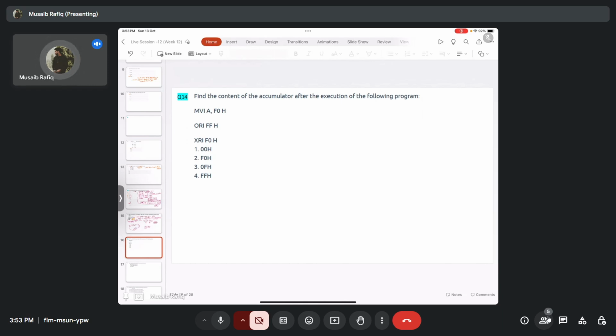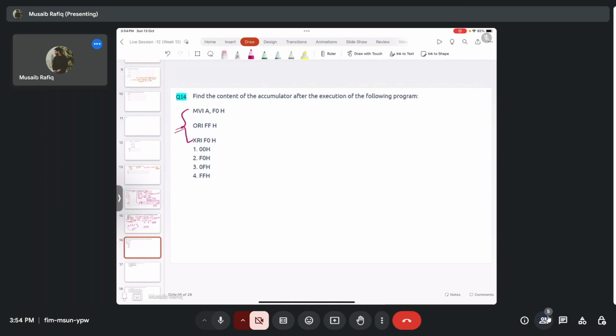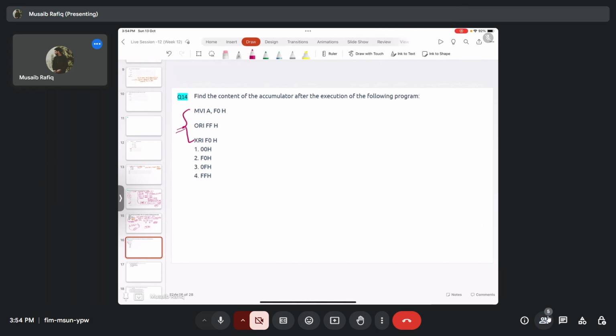So you have the following set of program and you need to find out the contents of accumulator after the following set is executed. When you are done with your question, you can write your answers.